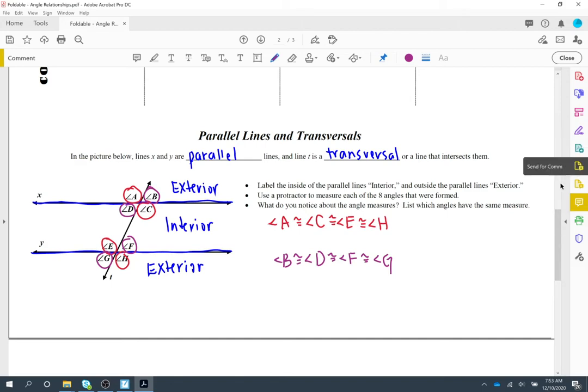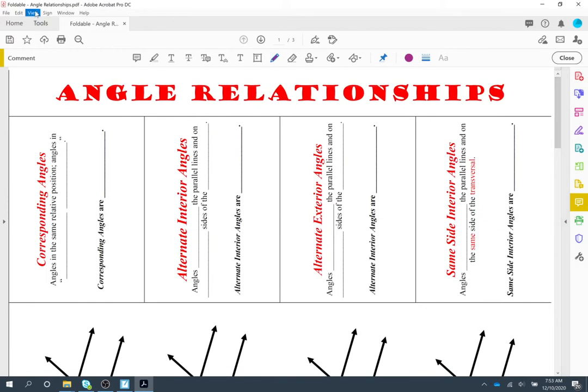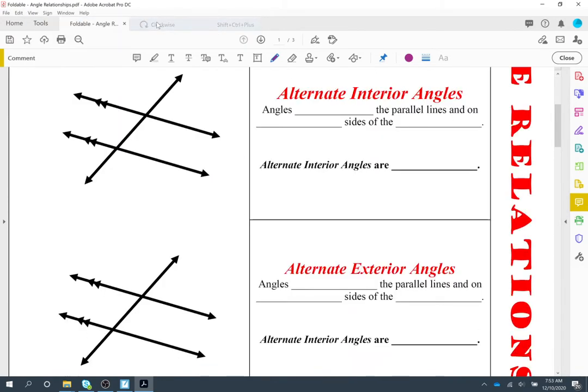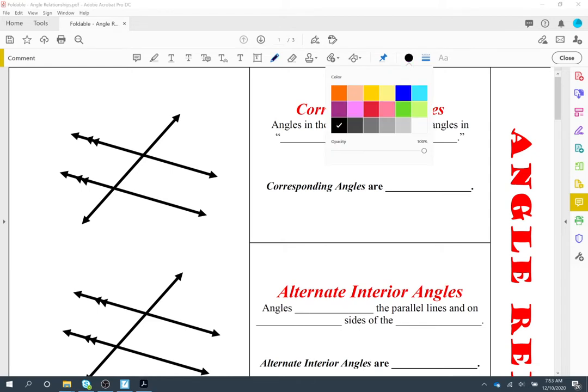Moving along. Okay, if we go to the top part, I need to rotate my page. These angles that we just pointed out actually have very specific names. So starting out, we're going to start with corresponding angles. If you have colored pencils, that's fantastic.